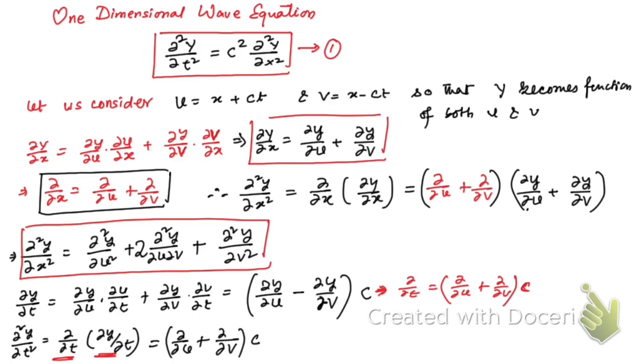Then we're going to get del y by del u minus, sorry, it's supposed to be minus, this is also minus del y by del v, and here also c, so this c again we can write as c square. So let me cut this c, and instead I'm writing c square here. Okay, so I hope you have understood this.